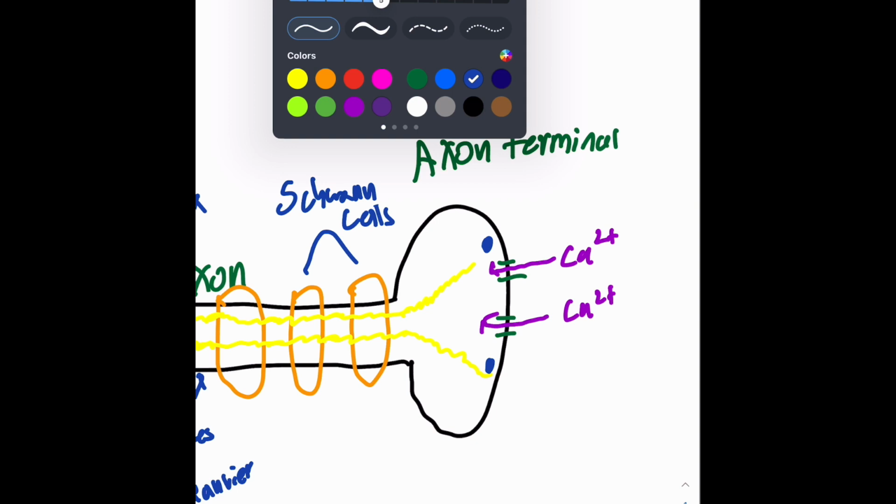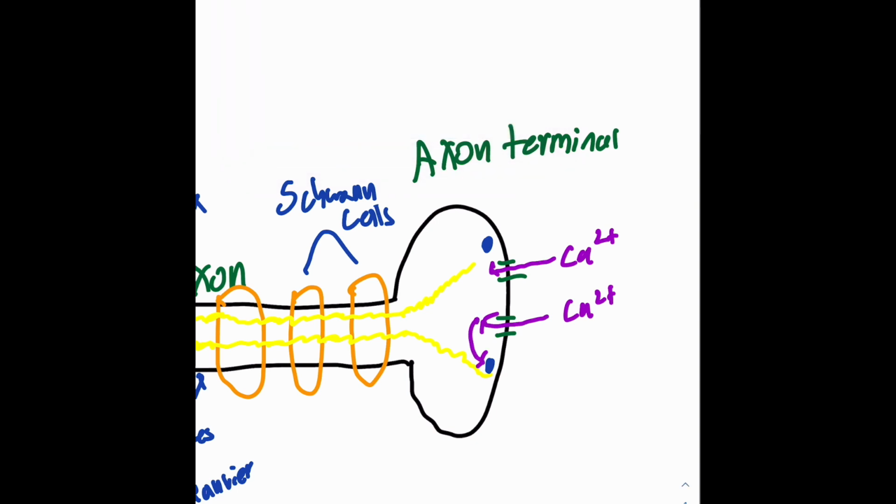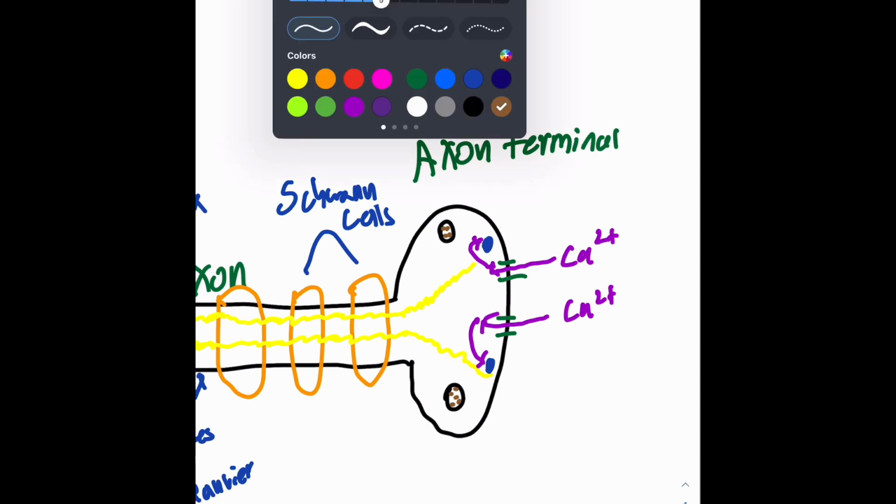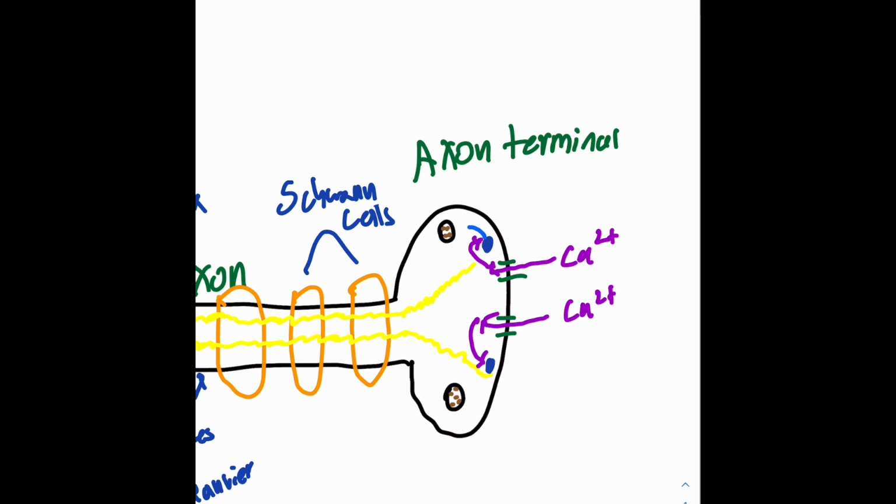They are basically able to act on these proteins, which ultimately leads to, let's say these are some synaptic vesicles which carry important information. They have chemical messengers inside.